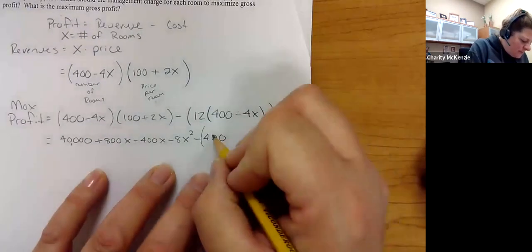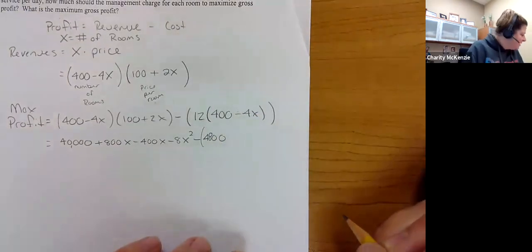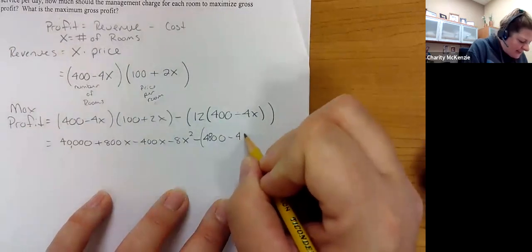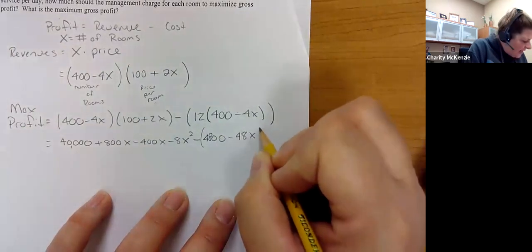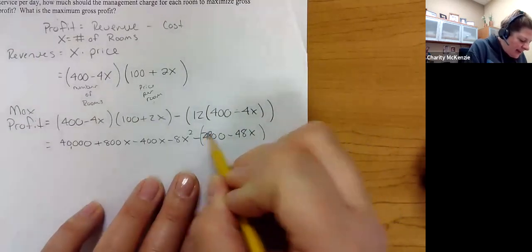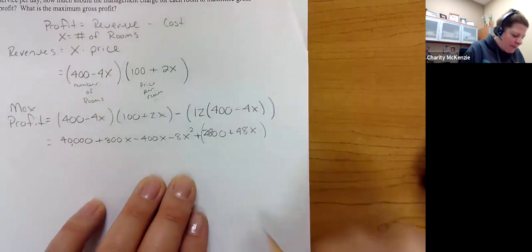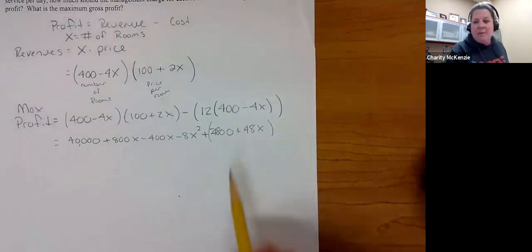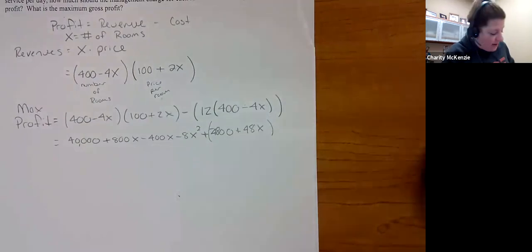So that's 4,800 minus 48X. And then you have to change the signs, right? So this would become negative and this would become positive. Just make sure you change the sign of the second one because you're minusing the whole cost off.